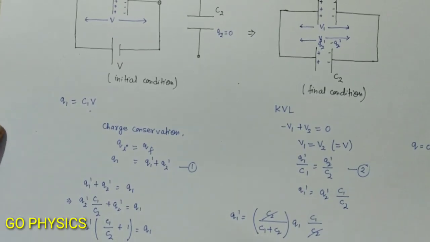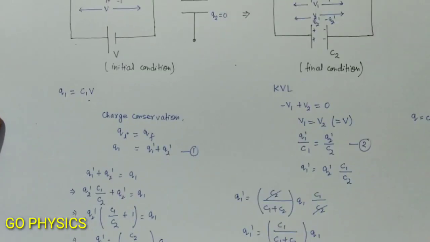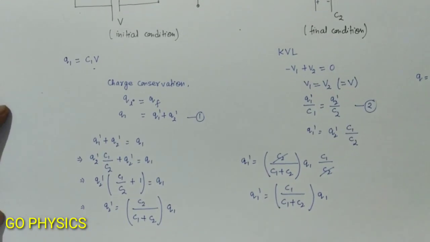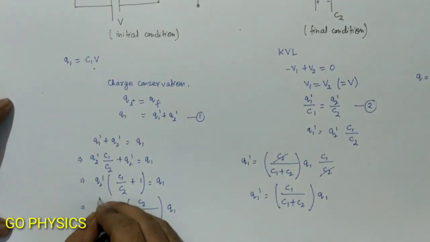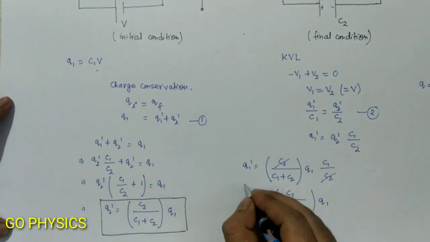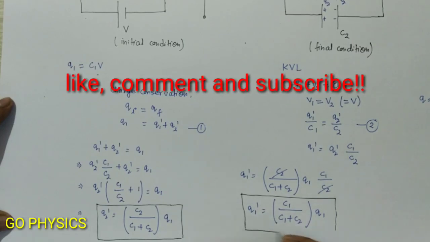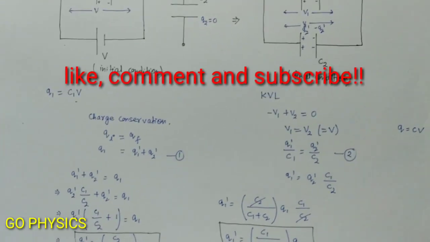So from here Q1 dash is equal to C1 by C1 plus C2 into Q1. So this is the final result we arrived at. And also remember this final result to solve numericals if they come in the NEET or JEE paper. Okay, thank you.